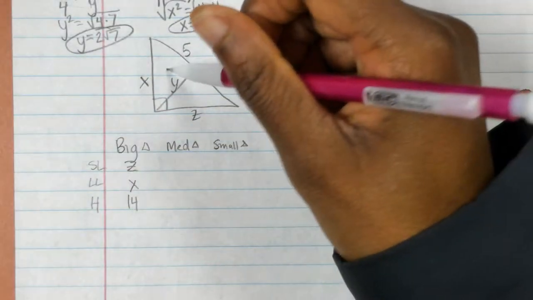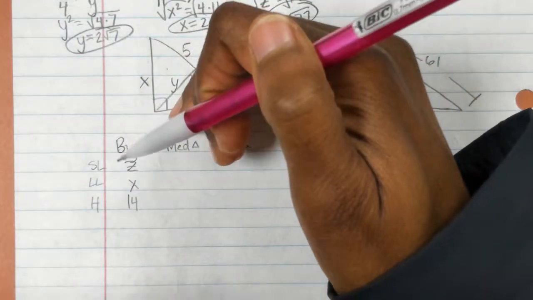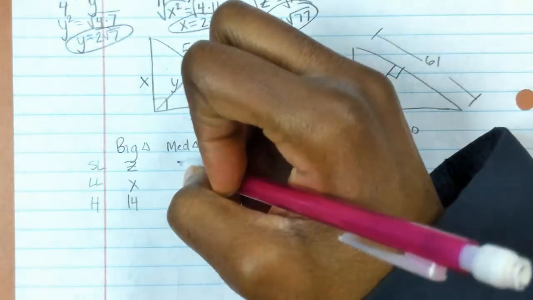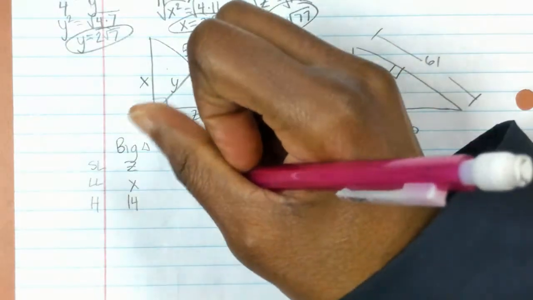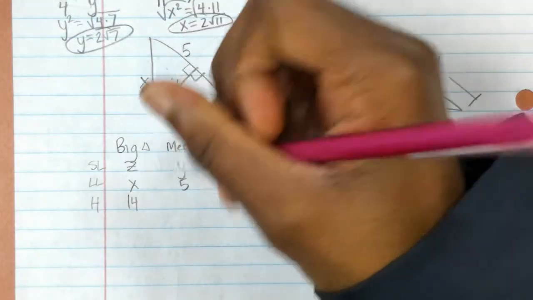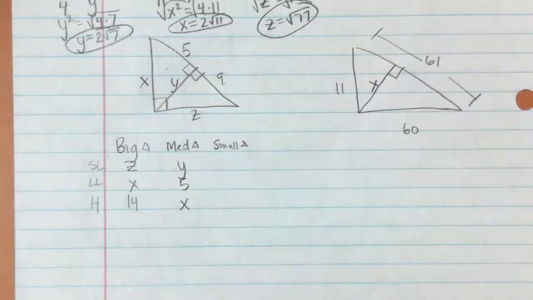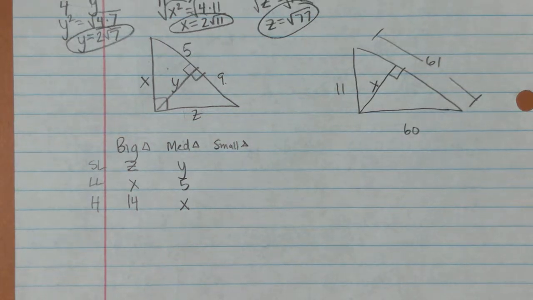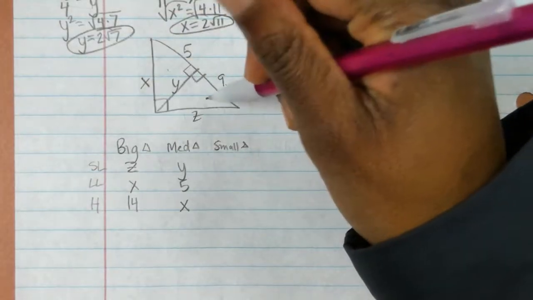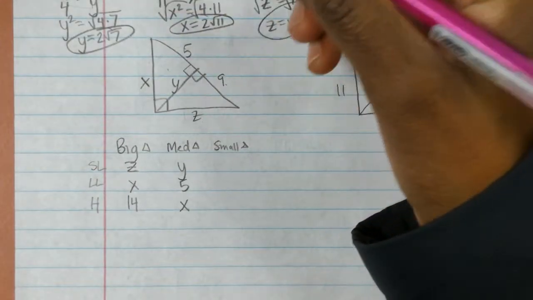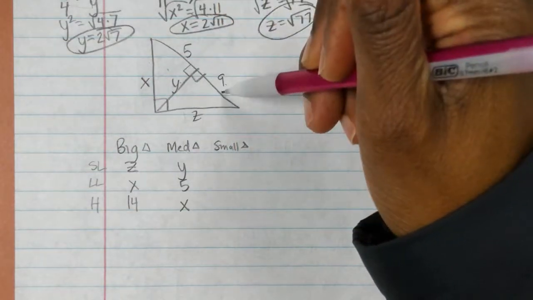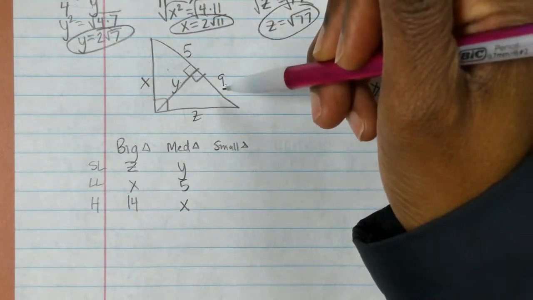On the medium-sized triangle, the shorter of the two legs, it looks like Y. 5 is the long leg, and the hypotenuse, which is across from 90, is X. And the last one, the small triangle, the short leg. If I'm not sure, so these are pretty close. It looks like it could almost be isosceles the way that I've drawn it here.